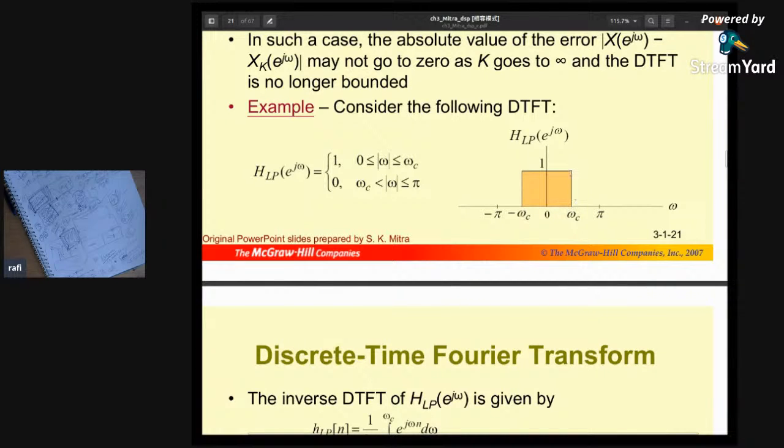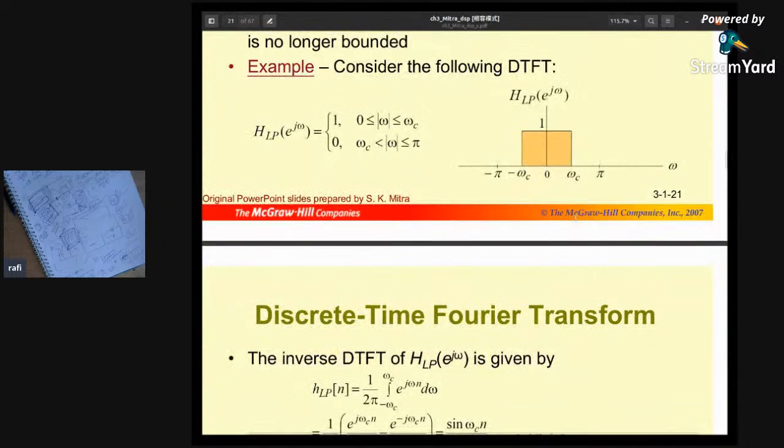At this point there is a lot of uncertainty and a sudden jump, a discontinuity. The Fourier transform cannot approximate the discontinuities. Instead, we are trying to approximate each and every value of H of omega or X of omega with sinusoids. It will approximate this discontinuity also with sinusoids.